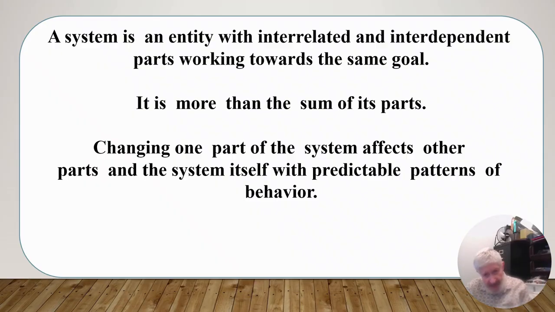System elements or parts can be physical, or they can be intangible, but system parts are interdependent. A change in one element can produce change within the entire system. That's because they relate to each other. There's a relationship.